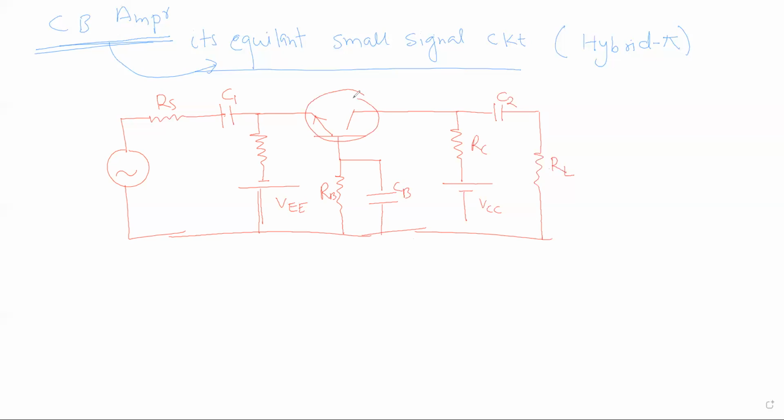This is your transistor. We have to convert this common base transistor to its equivalent in small signal analysis. What is the step for that? First step, remove your voltage source.